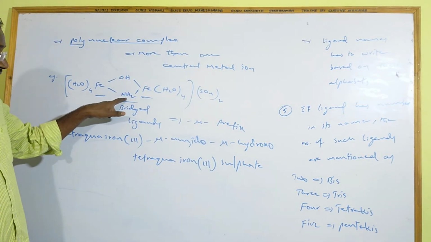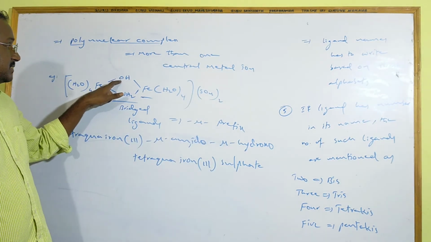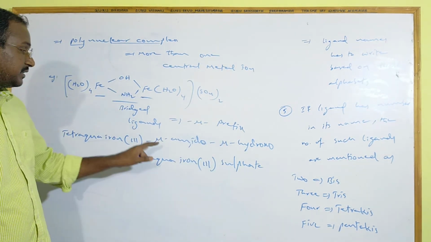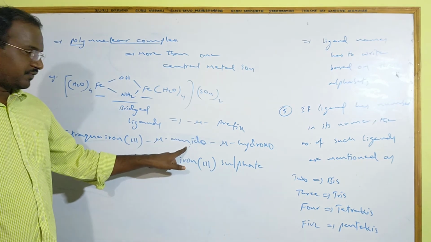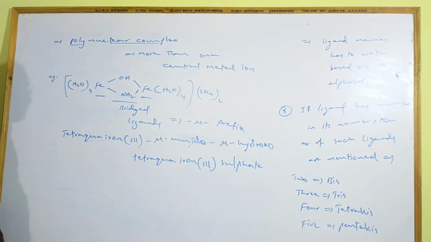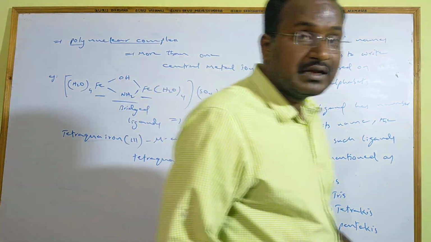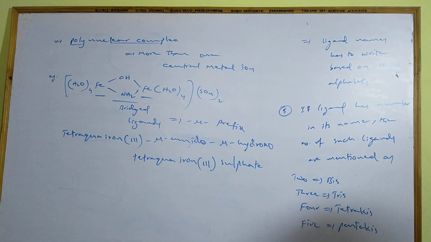If only OH groups are there, mu dihydroxo. But here one OH is bridging and another NH2 is bridging. So in this case, alphabetically we write amido hydroxo tetraaqua. So this is the IUPAC nomenclature, rules, examples, etc. for complexes. Thank you.